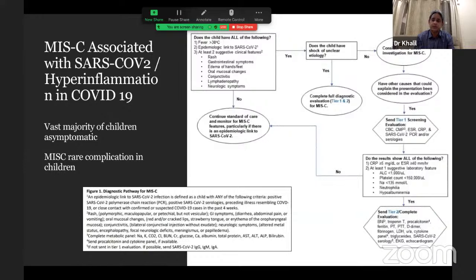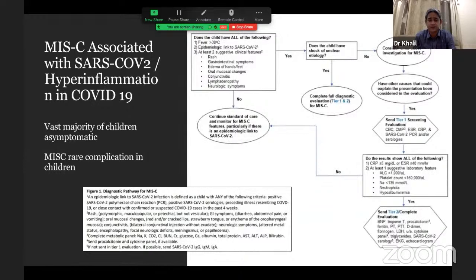At the same time, you go for the complete evaluation like pro-BNP, brain natriuretic peptide, troponin T, procalcitonin, ferritin, prothrombin time, partial thromboplastin time, D-dimer, fibrinogen, LDH, the cytokine panel, particularly interleukin 6 and interleukin 2, and triglycerides. Depending on these, the management of this multisystem inflammatory syndrome is discussed.